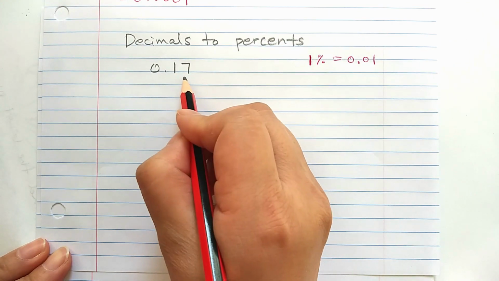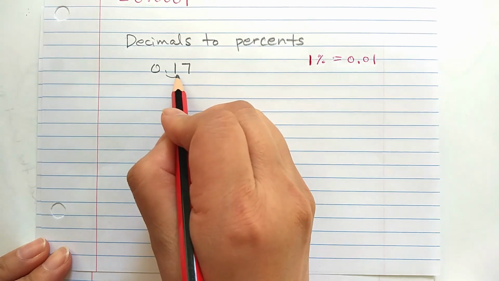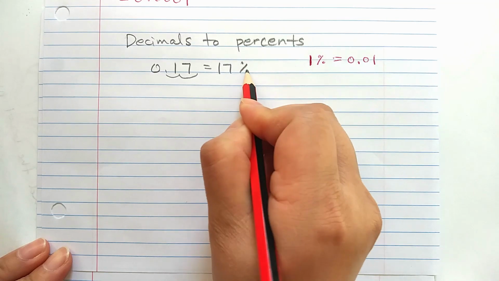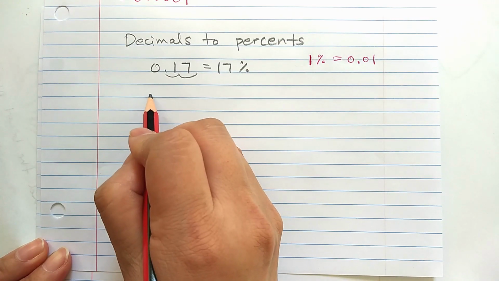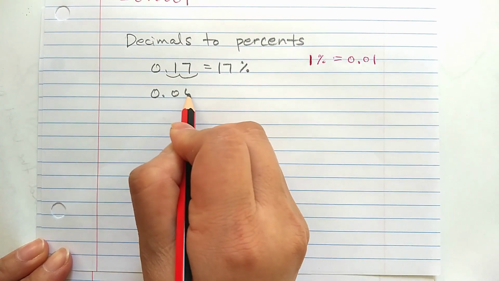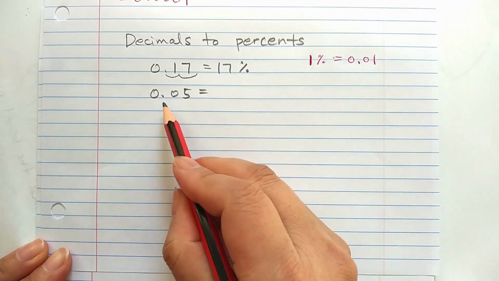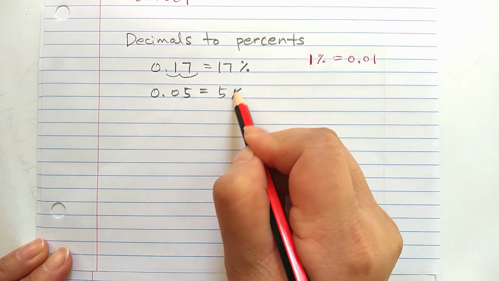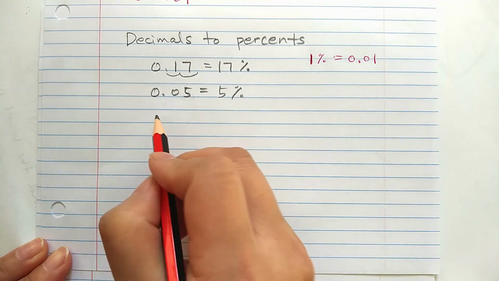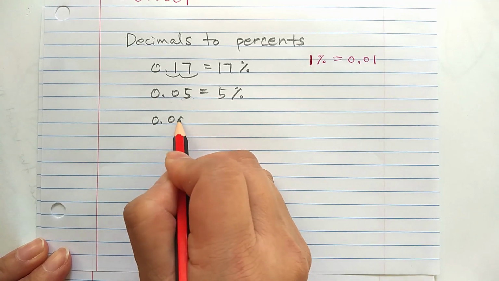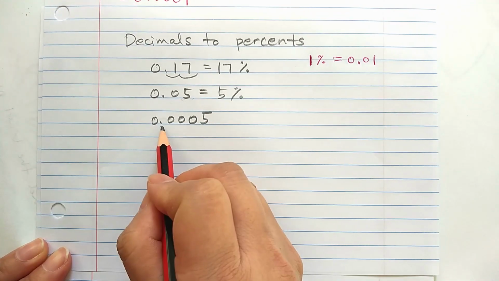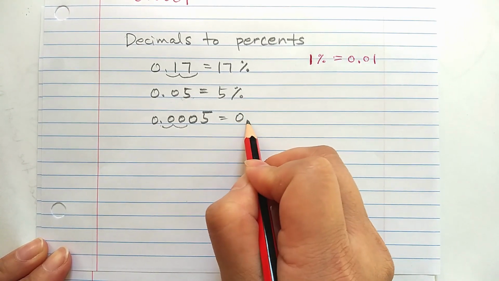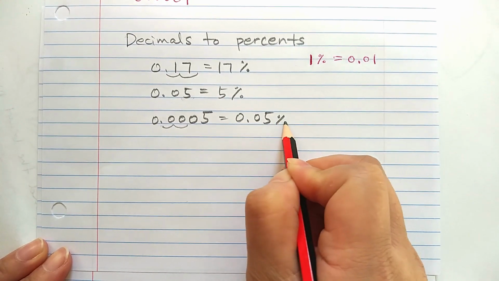So 0.17, move the decimal point 1, 2, so it is 17%. 0.05, move the decimal point 2 steps to the right, that is 5%. 0.0005, move 2 steps to the right, so this becomes 0.05%.